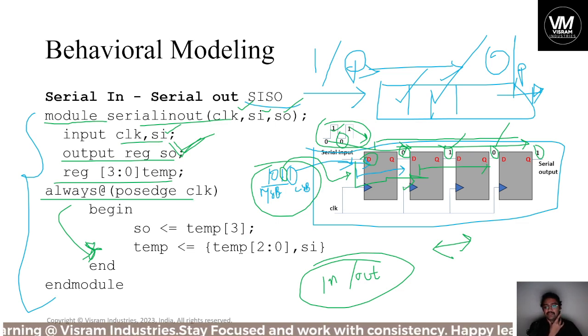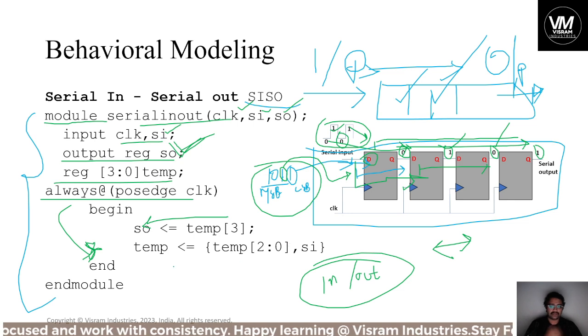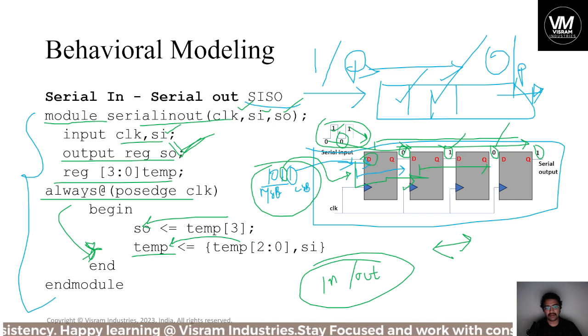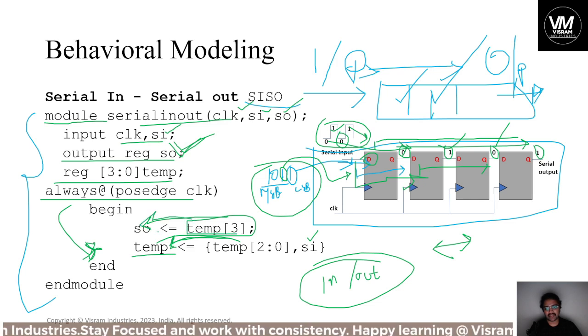Hence whatever value you get in the temporary outputs at each flip-flop can be stored here and pushed to SO. So we have a temp variable, register temp, and in that temporary register you can store the data for the first 3 bits and the input 4 bits, stored in temp3, and that temporary variable data will be assigned to SO.